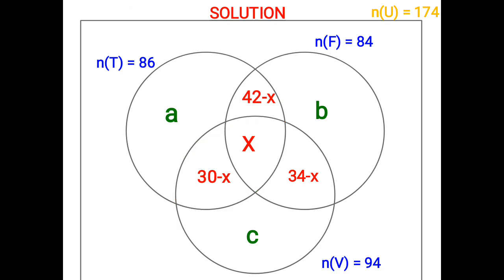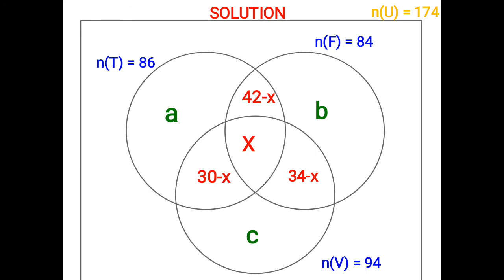Similarly, if the whole of this side, table tennis and football, is 42, and our intersection of all is x, then only table tennis and football is going to be 42 minus x. Same applies to this side. Okay, right. Now we have represented that.